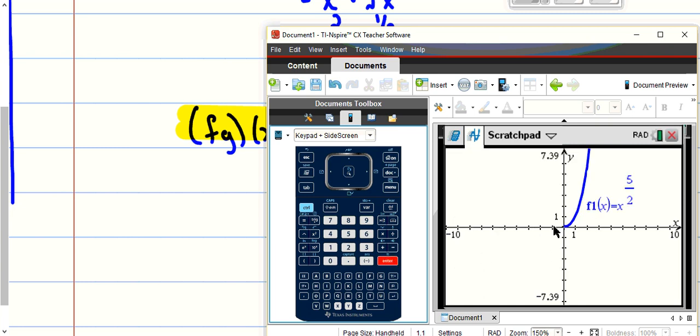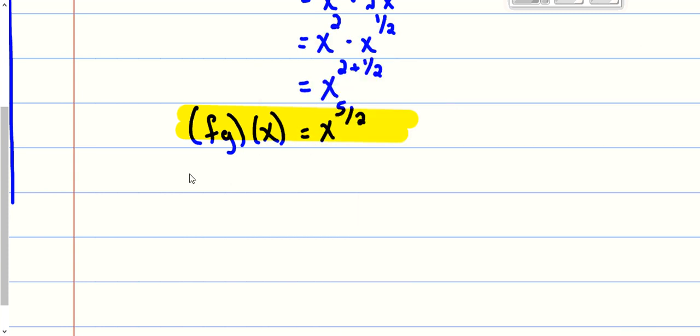So it goes up and to the right. Going to the right is what we need. It starts at 0, so it's greater than or equal to 0. So here's our domain, where x is greater than or equal to 0.